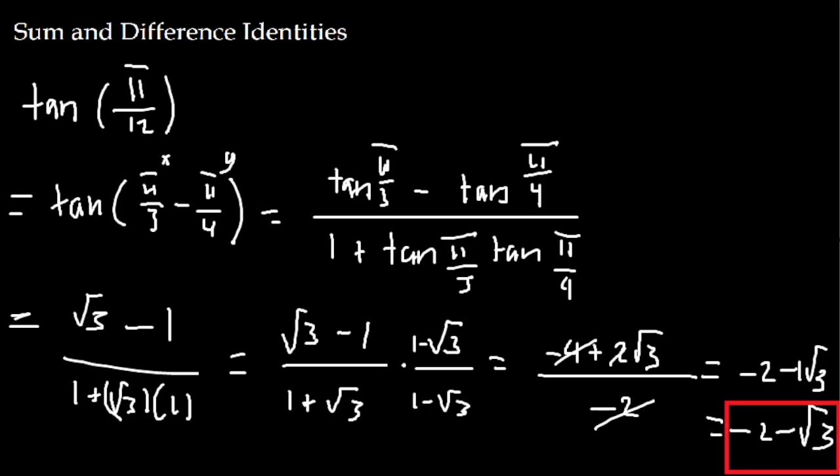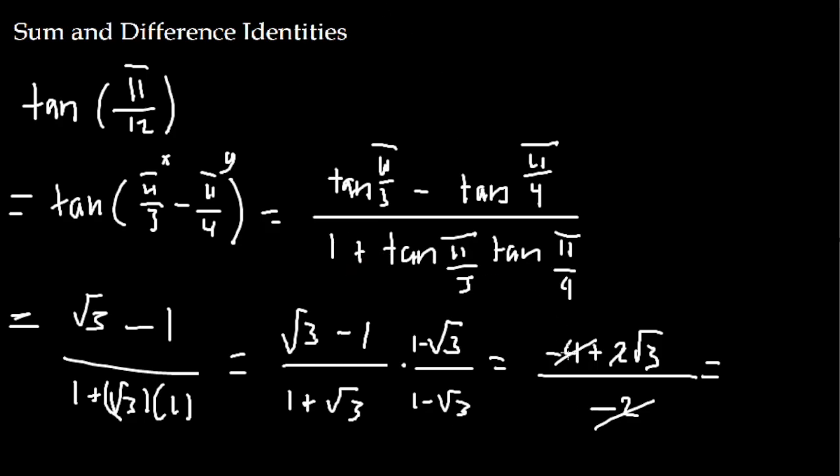Now let us use our calculator to check if tama ba ang ating nakuhang sagot. Tangent of pi over 12 is 2. Oo nga no, bakit negative 2 nilagay ko? My bad.